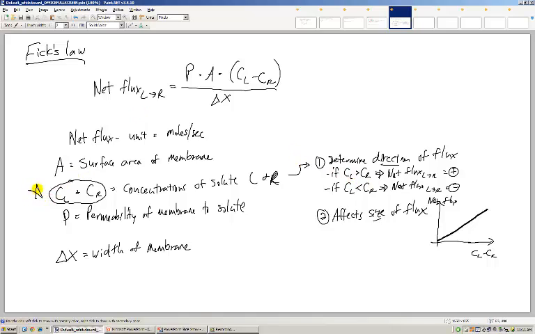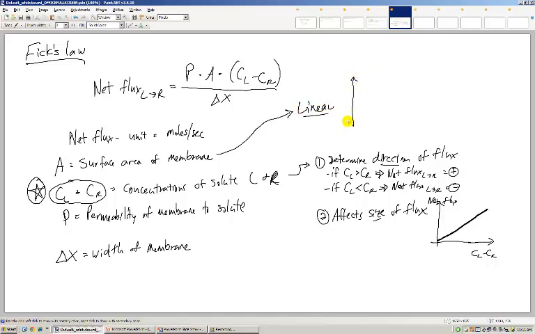And of course, concentration difference is going to be the major factor when we think about diffusion, right? This is what we think of when we think of diffusion, the concentration difference as being the driver. But there are other things that affect it too, as we were talking about. So the surface area, and again, the effect here is linear.